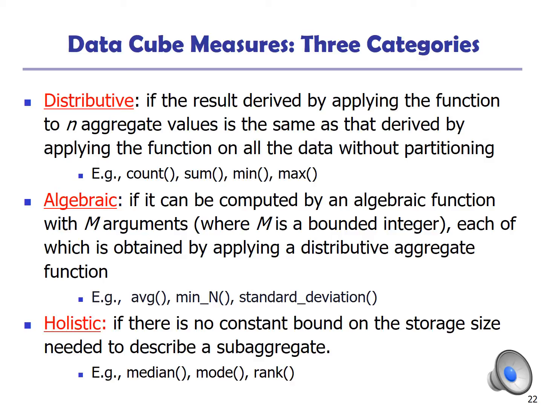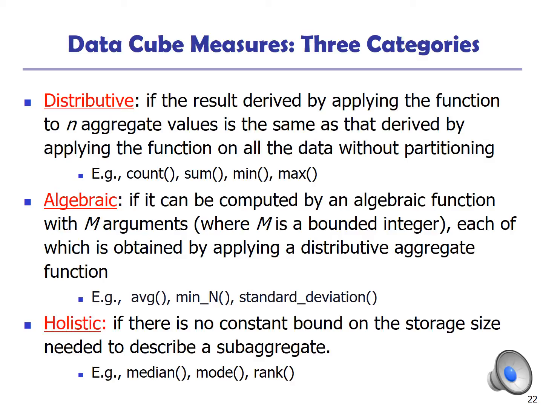There are three different categories in which you can distribute the possible kinds of measures which go into the fact table. These are three kinds of data cube measures: the first one is a distributive measure, the second one is an algebraic measure, and the third is a holistic measure. Let's try and understand what each of these mean.